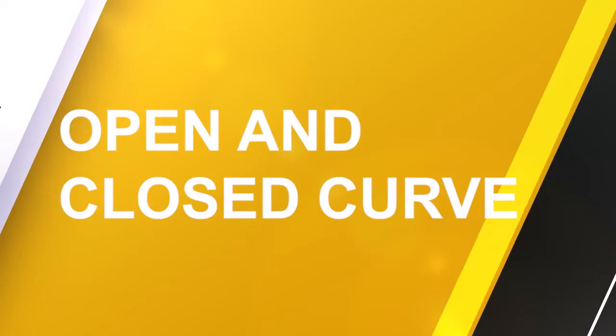In real life, curve means something which is round, right? But in mathematics, a curve can also be a straight line. So, what is an open curve? Let's discuss this one. An open curve is basically a straight line or some straight lines or some curves.